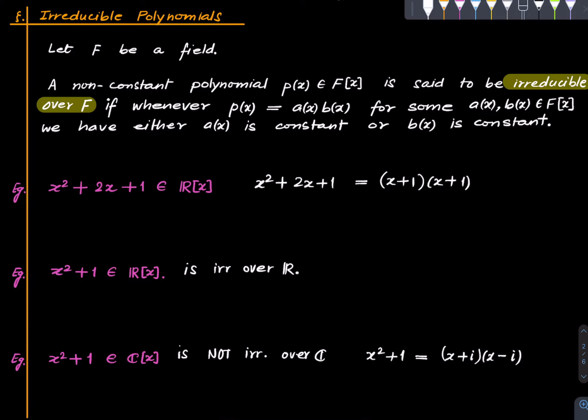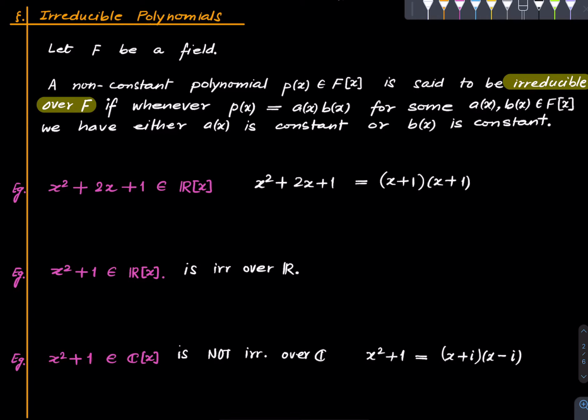Here i is the imaginary unit. But to define i, I'm using i, so let's not do it. You know what i is. It's the root of this polynomial.